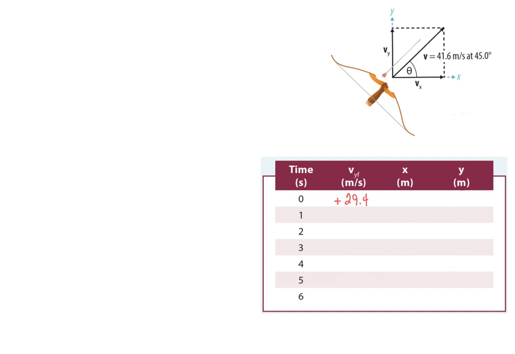So after 1 second, I'm going to say, well, my final velocity for y after 1 second. Well, that's going to be my initial velocity, 29.41. And I'm just going to use the 41 just to keep it a little bit closer to actual. Plus my gravity.